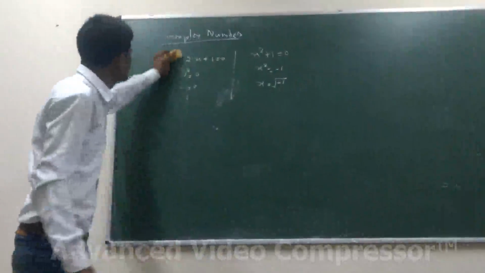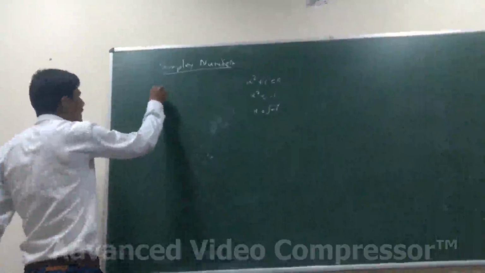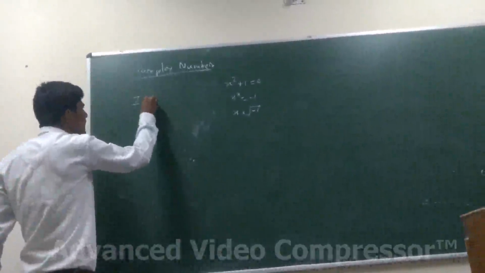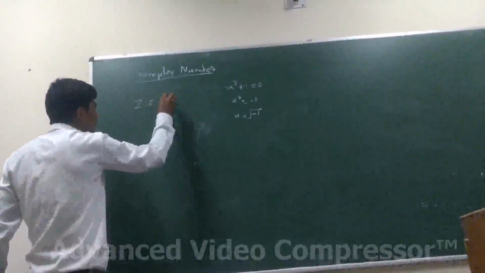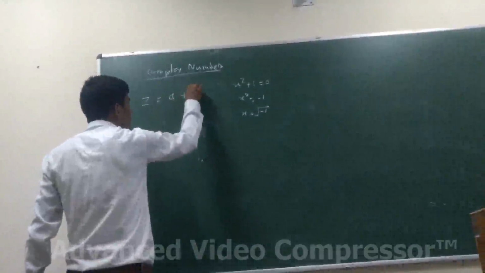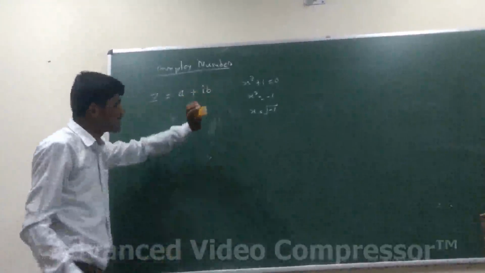We represent a complex number by a variable z, where z is equal to the real part plus iota times the imaginary part coefficient.